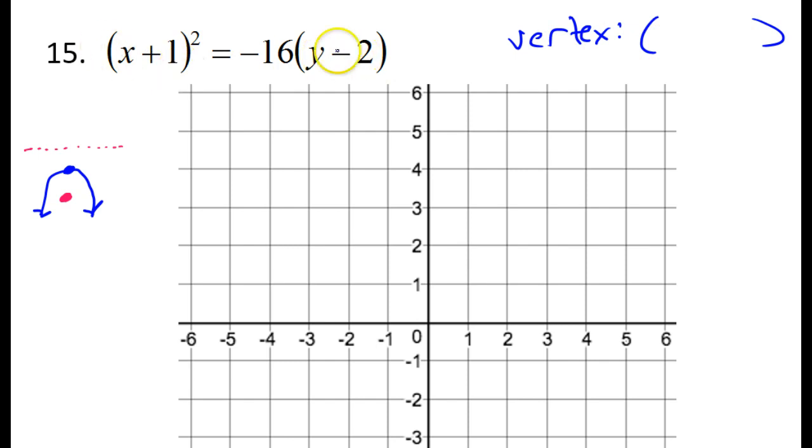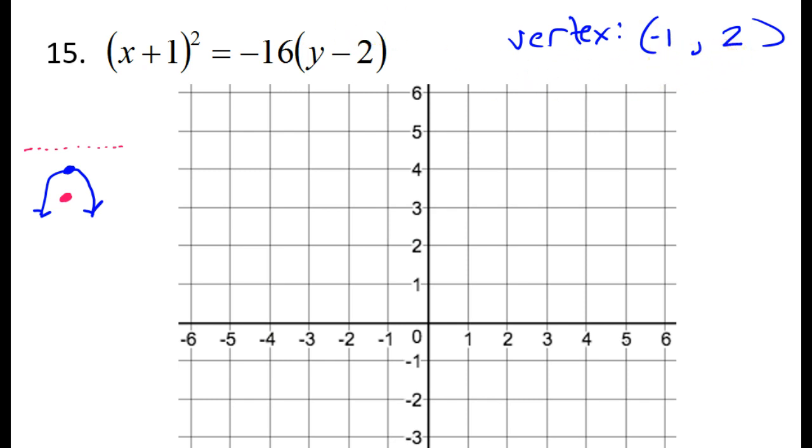So even if the y part of the equation is first, it will still give you the y-coordinate of the vertex, which would be second. So sometimes it's backwards, so be careful. But in this case, the x is first and the x is first here, so it's in order. Looking at the y minus 2, I will have a positive 2 for the vertex. So these are the coordinates of the vertex.